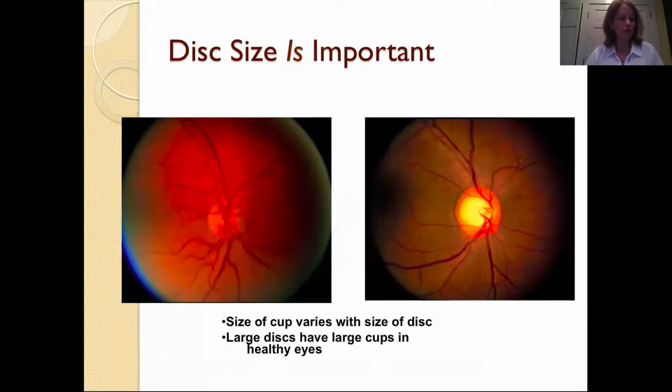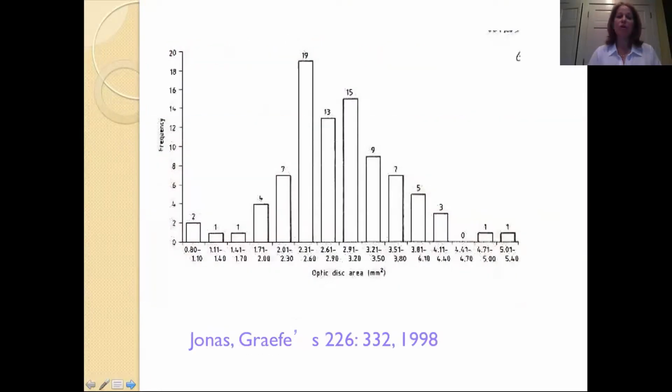Small optic nerves should have small cups. Large optic nerves can very normally have large cups, and that can be a completely healthy optic nerve with a large cup. But a small optic nerve with a large cup is not normal. So there is great variation in the size of the optic nerves.